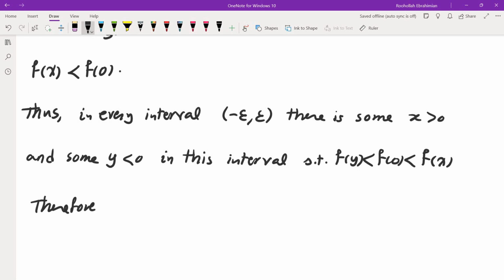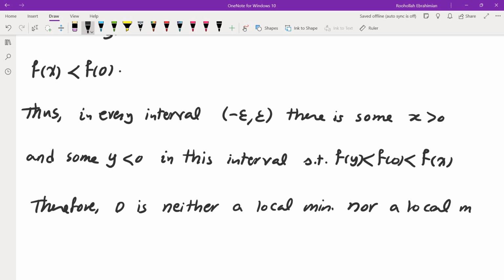Therefore 0 is neither a local minimizer nor a local maximizer. So yes, it is a critical point, but it's neither a local minimizer nor a local maximizer.